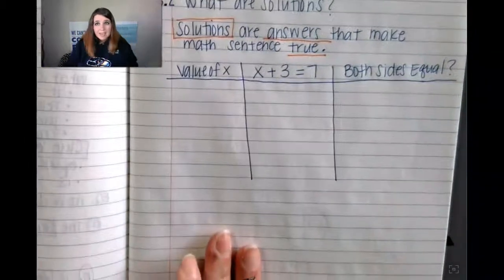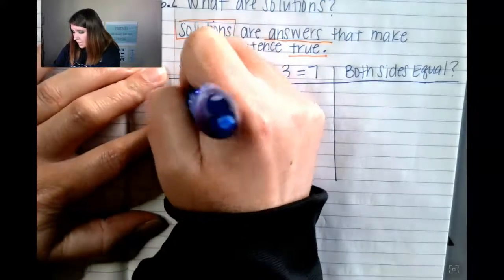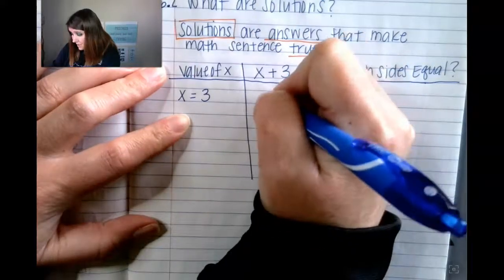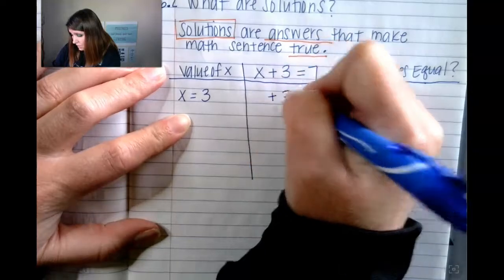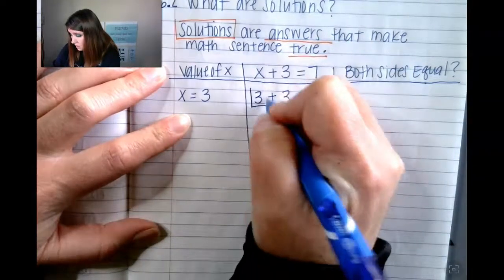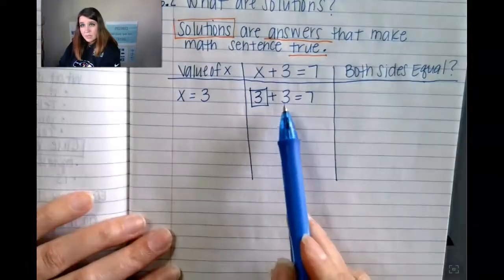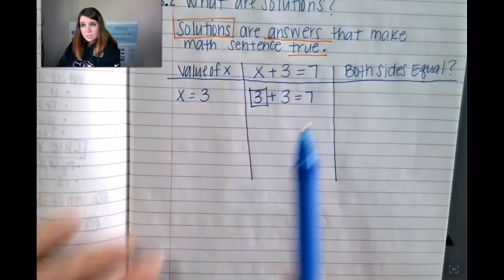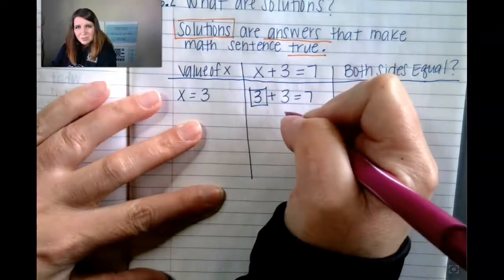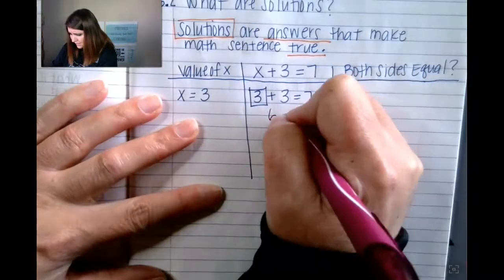So first of all, if x equals 3, I put 3 in for my x, and I say 3 plus 3 equals 7. Well, does 3 plus 3 equal 7? No. 3 plus 3 equals 6.